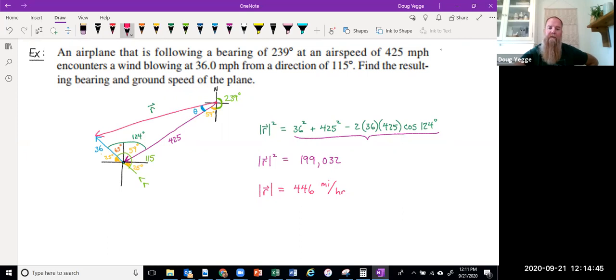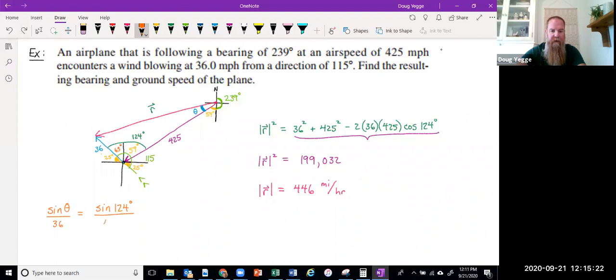And so notice that we should be able to use the law of sines now. Since I have all of the sides, I can actually say that sine of theta, which is the angle I'm trying to find, over its opposite side is equal to, well, now I also know the angle of 124 degrees, so I could say sine of 124 degrees over its opposite side, which is now the magnitude of r, or the resultant.